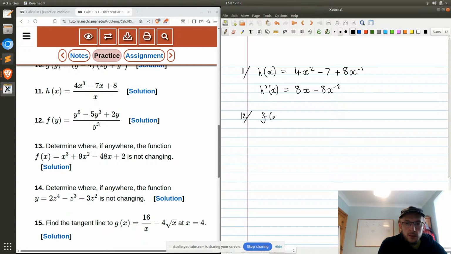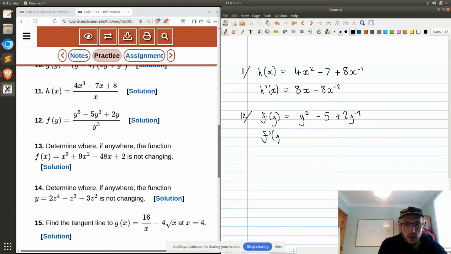Then, in problem 12, f of y, dividing through by y cubed: y to the 5 over y cubed is y squared, minus 5y cubed over y cubed, that's minus 5, and 2y over y cubed is 2y to the minus 2.